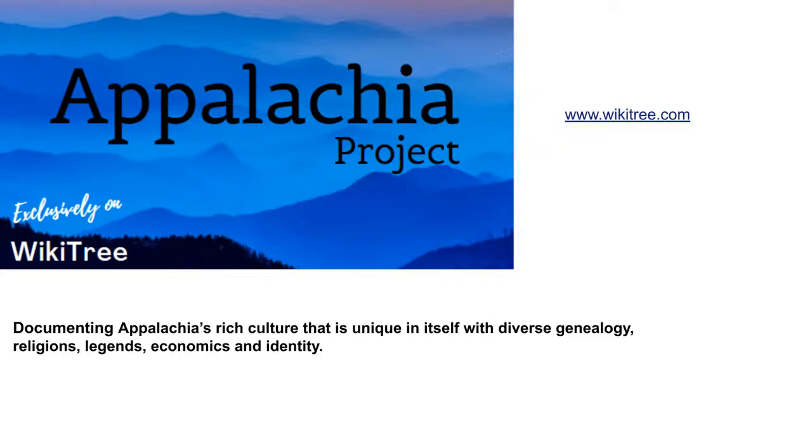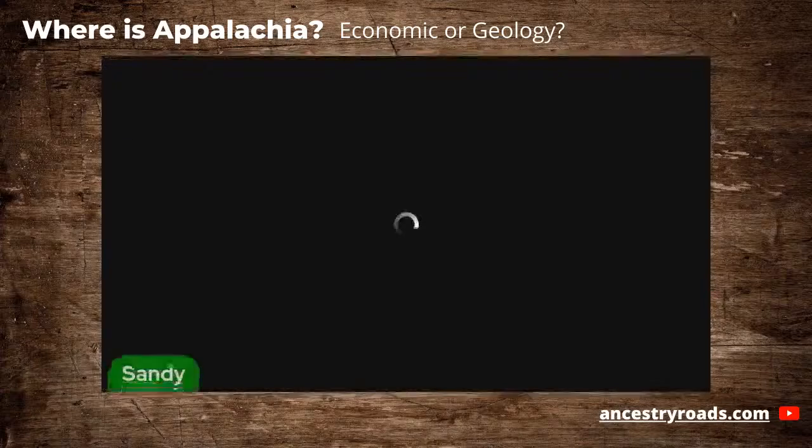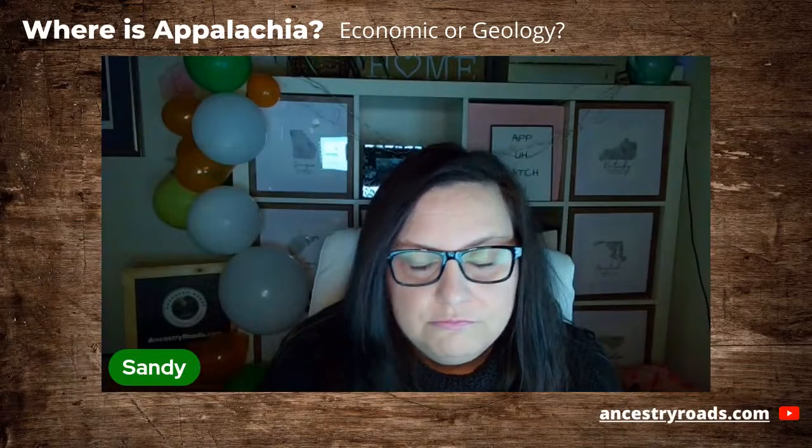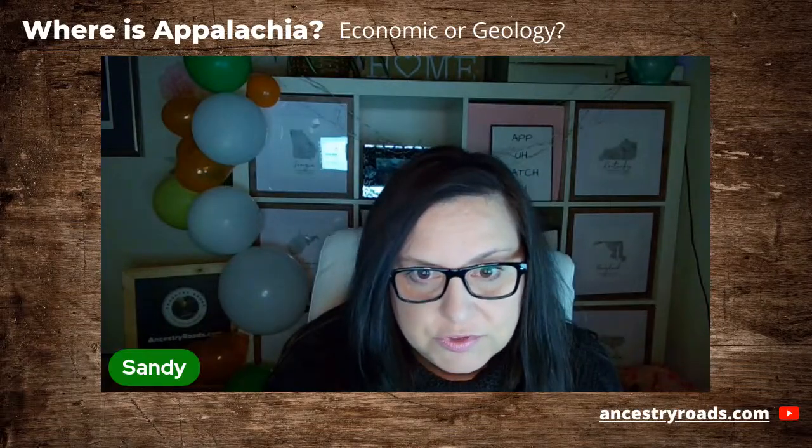How do we determine the boundaries and the location of these people? This particular group works together. They are banded together to try and figure out some of the mysteries of Appalachia, but also they're trying to elevate and change the narrative of Appalachia. One person, which equals a profile on wikitree.com, at a time.